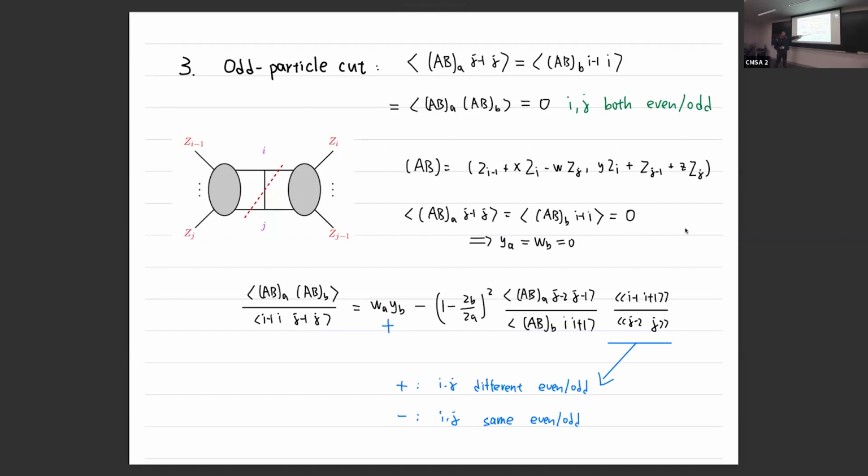And the sign of the second term is determined by this ratio of 2 brackets. If I and J in this case are both even or R, the ratio is negative, and with this negative sign, the second term is also positive. So if we send it to 0, it requires the first term and second term to be 0 separately. So it's a hierarchical dimension boundary. So this cut also vanishes.